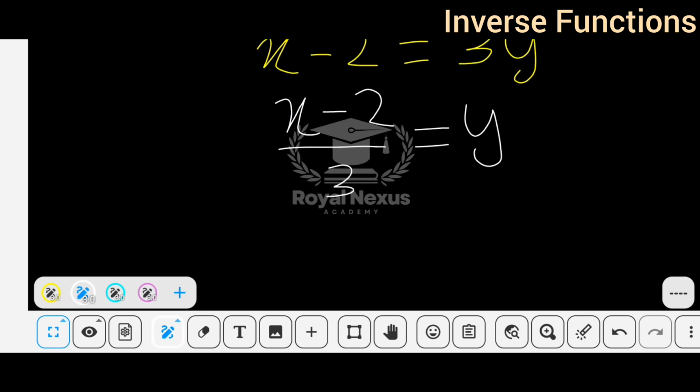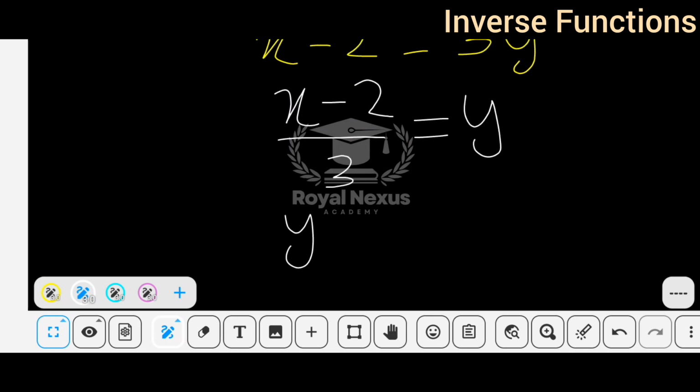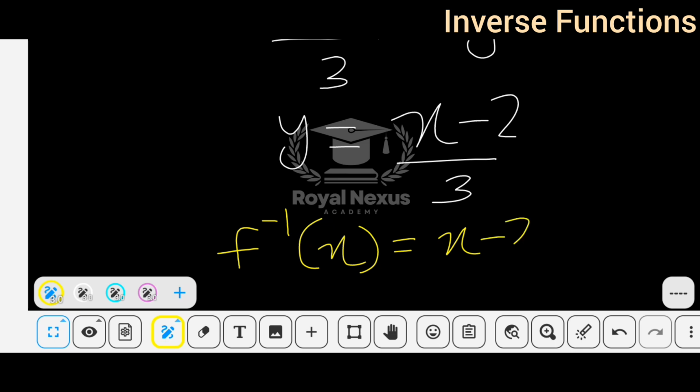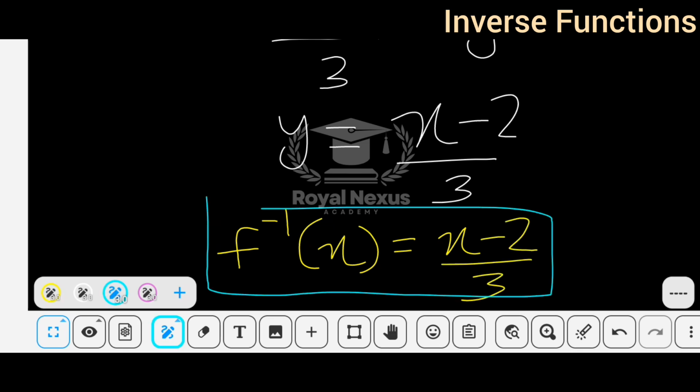We can write it like this as well: y is equal to x minus 2 over 3. This x minus 2 upon 3 is the inverse function of x. You can write it like this: f minus 1 of x is equal to x minus 2 upon 3. So this is your inverse function.